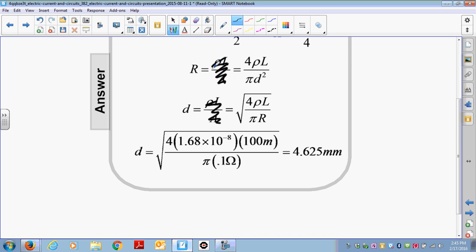In fact, this would be wrong if they left this piece in here. Okay, solving for D, substituting in our numbers, we end up with 4.625 times 10 to the minus 3 meters, or 4.6 millimeters. You could even say 5 millimeters.